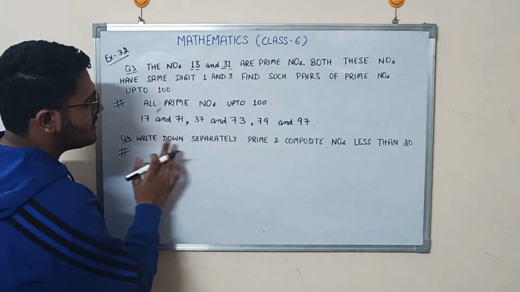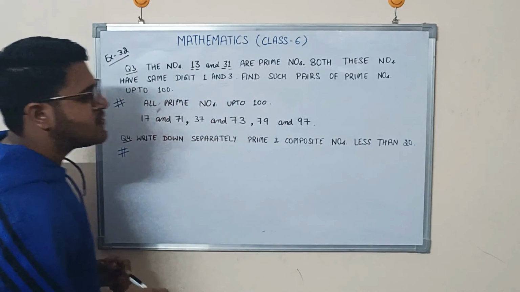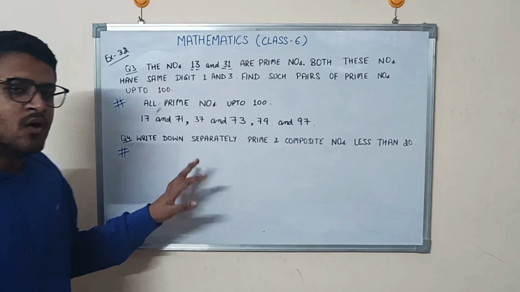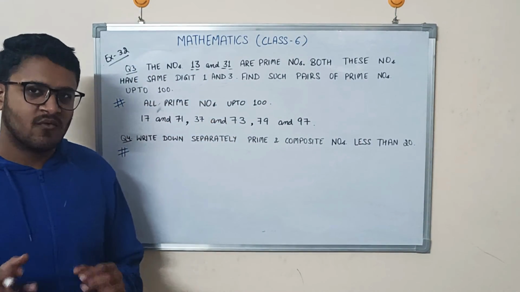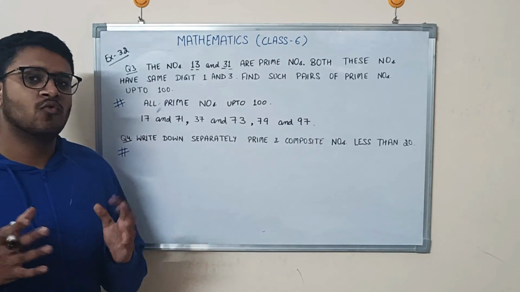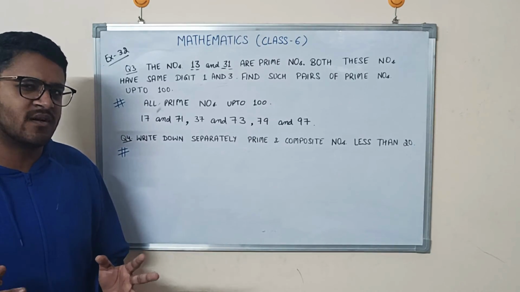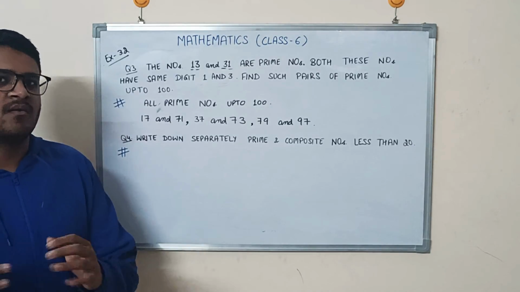Question number 4 is, write down separately the prime and composite numbers less than 20. For this question also, we can take the help of sieve of Eratosthenes. Otherwise, it is always better to remember all the prime numbers and composite numbers up to at least the number 50.